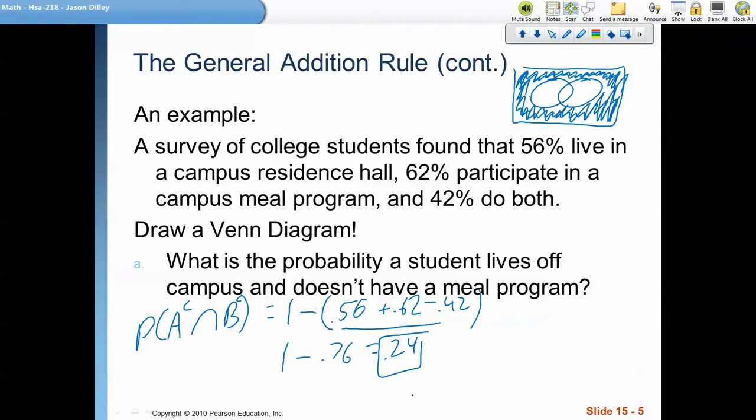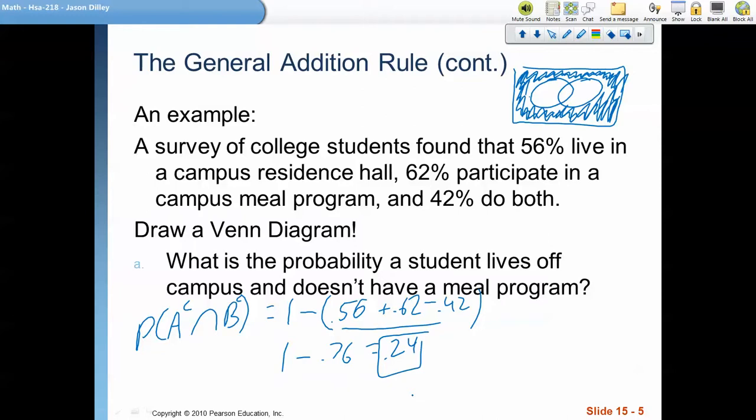So if we use the addition rule with the two complements, we can have P of A complement plus P of B complement minus P of A complement and B complement. If we rewrote the addition rule, this is the addition rule, it's just the complements instead, and that's okay.